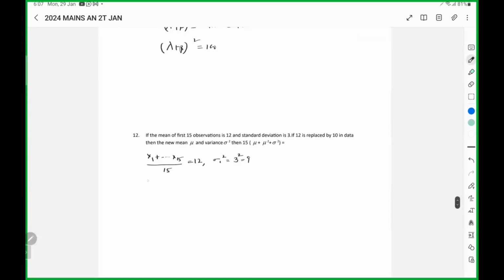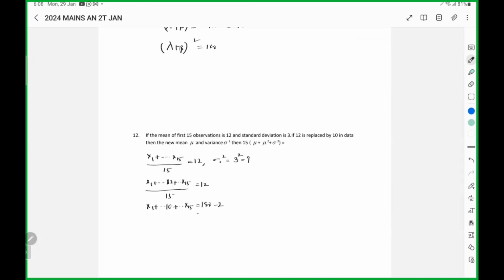In this one particular number is 12. Now that 12 is replaced by 10. So here the sum is 180. Right? The 2 is excess.